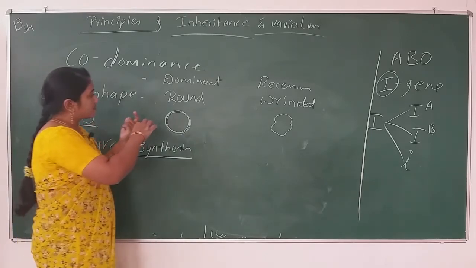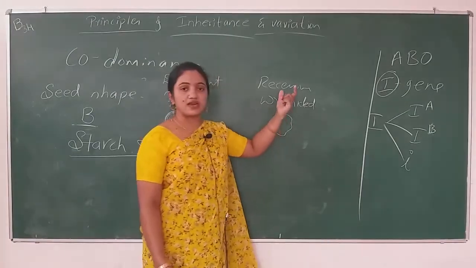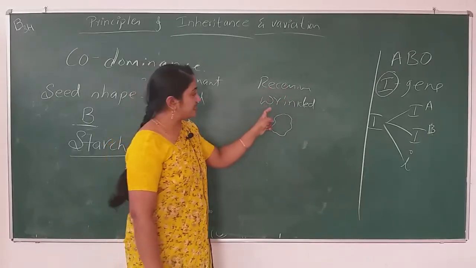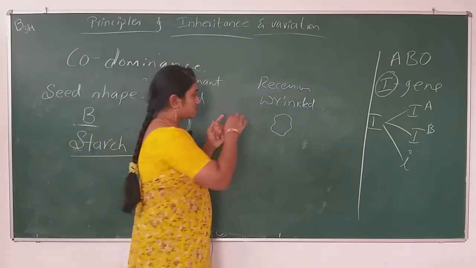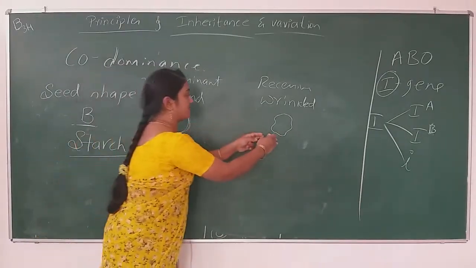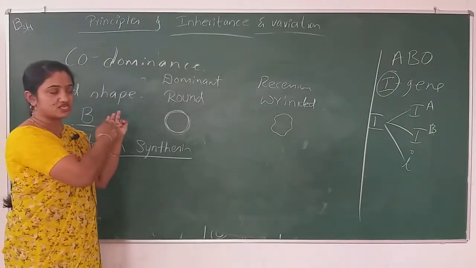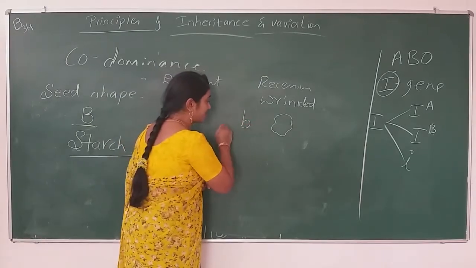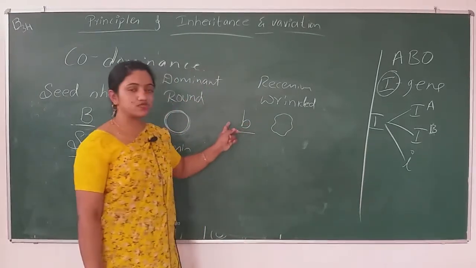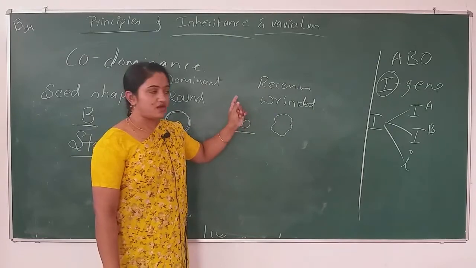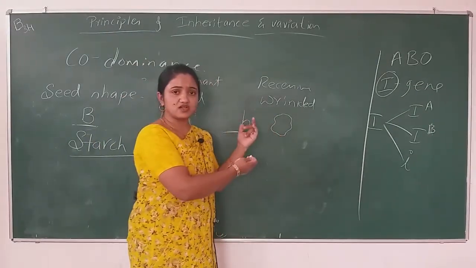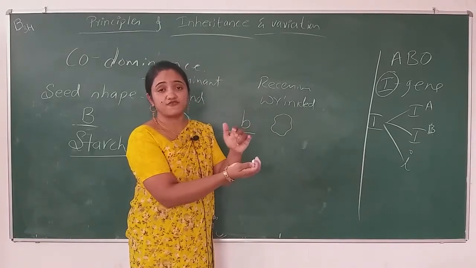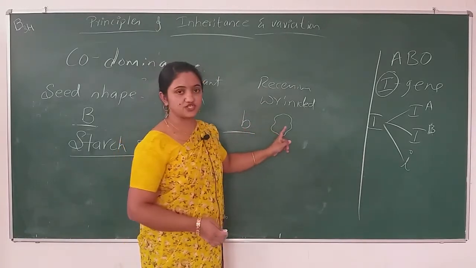Okay, so coming to the wrinkled or recessive trait. Why is it wrinkled? Why is it small in size? The reason is it does not have the dominant gene. Instead of the dominant, it has a recessive gene called small b, which results in the production of a very small amount of starch.